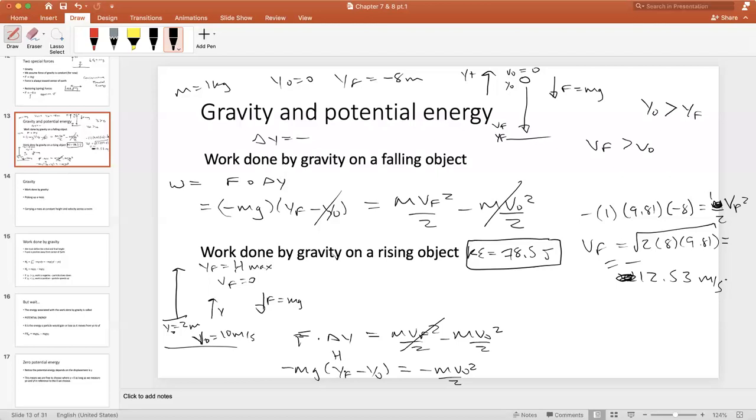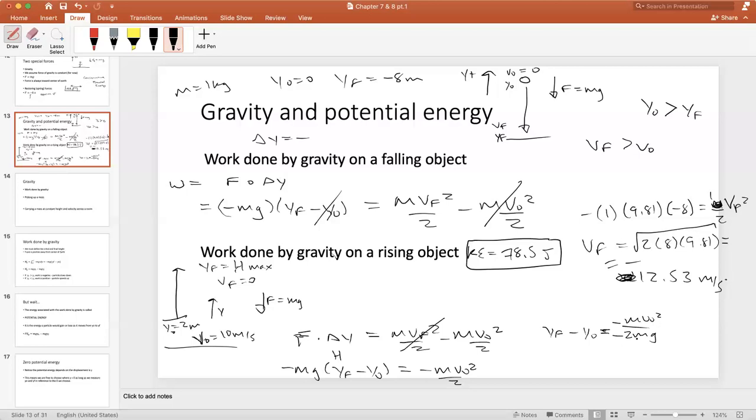I'm going to call it H. We want to know what H is. So if we divide through by mg, the m's will cancel and we get v naught squared over 2g. The negative signs also cancel. So we get y final minus y initial is negative m v naught squared over 2mg with a negative sign.